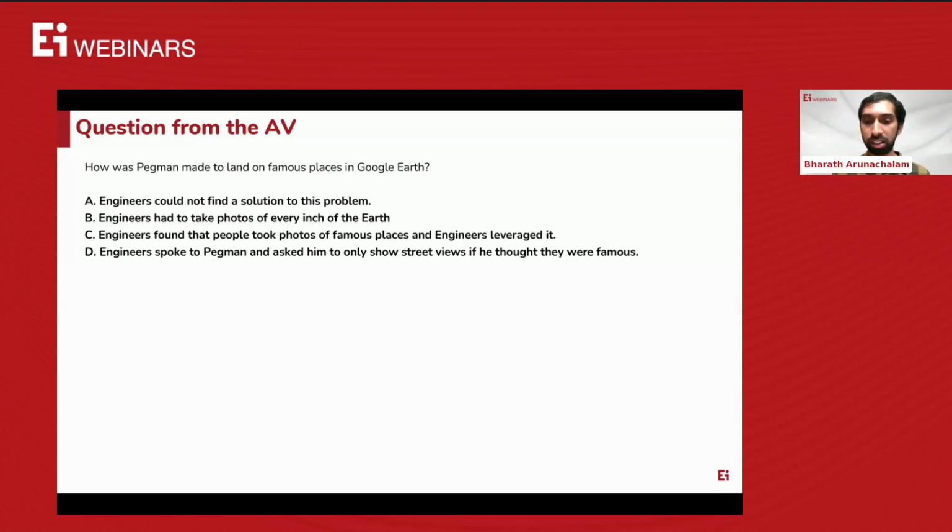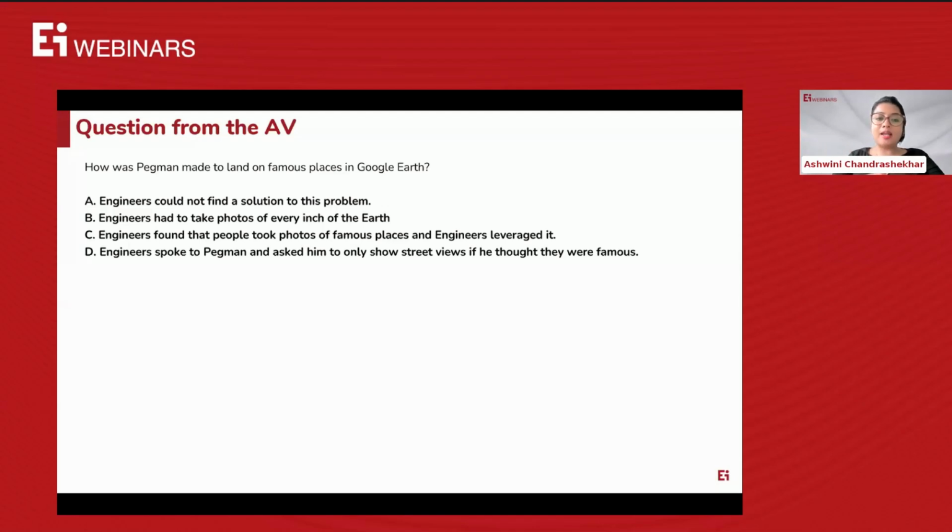I think the misconception here is that, it's true that the engineers did take photos of a lot of places on the Earth, but that is not the reason for Pegman landing in famous places. The problem was every place was the same as every other place.